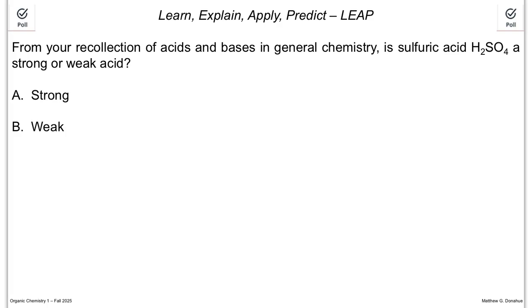So what I thought we would start with is a brief review of acids and bases from general chemistry. The stuff that you learned in Gen Chem is setting the stage for organic. Acidity in organic, as I said, dives a lot deeper, because now you've learned all these functional groups.